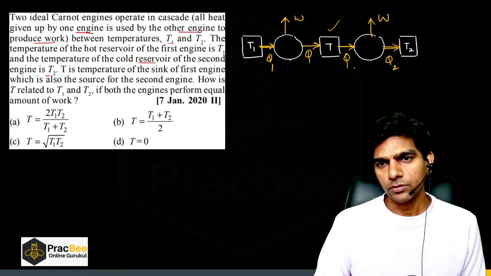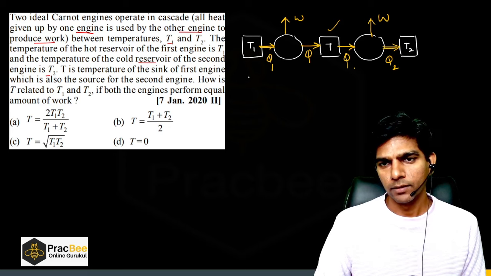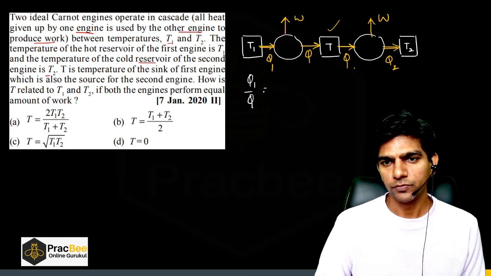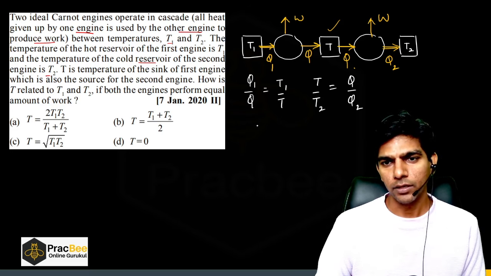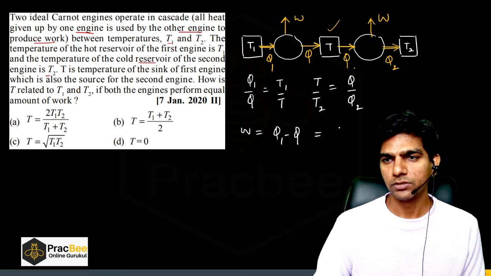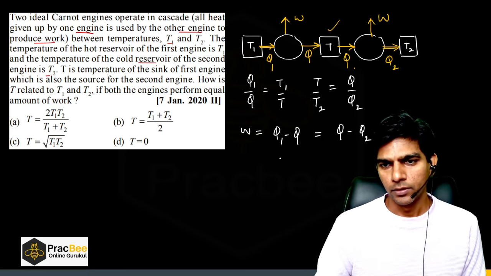So we know that, as per the definition of a Carnot engine, Q1 by Q for the first engine will be T1 by T, and we can also say T by T2 for the second engine will be Q by Q2, right? So this way we can write. Now, if we talk about the work done, the work done by the first engine will be Q1 minus Q, and similarly the work done by the second engine will be Q minus Q2, right?